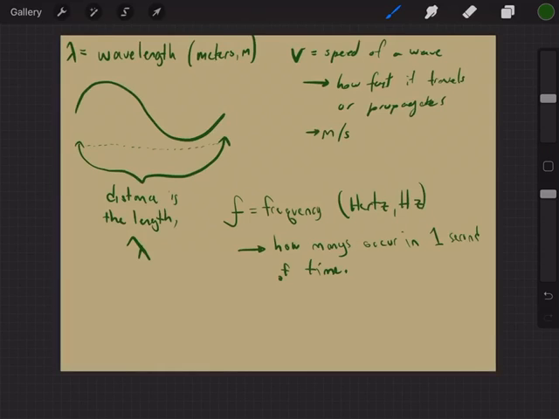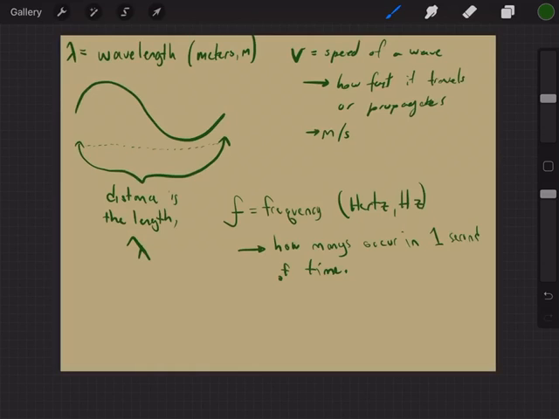So if, for example, you're at the lake and you're watching the water just kind of crash against the shore, count how many waves you see in 10 seconds and then divide it by 10, and that would give you how many waves happen in 1 second. That would give you the frequency of the waves. Now, for ocean waves and stuff, that's a pretty low number.